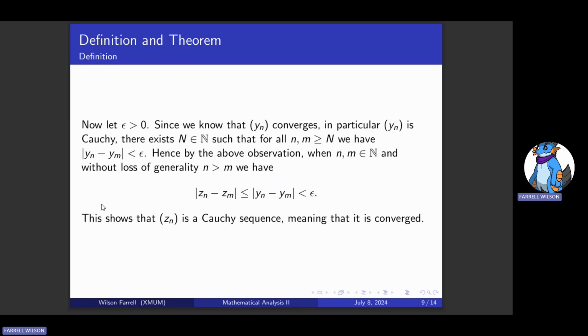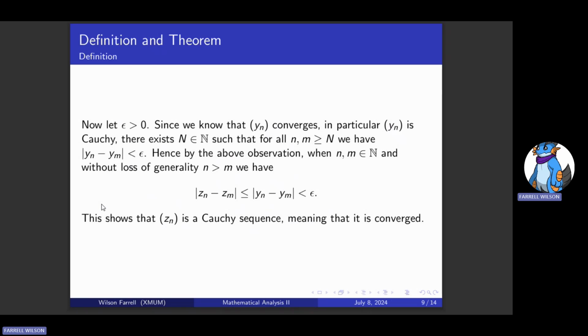Now we let epsilon be greater than 0, and since we know that the yn converges, that means that the yn is Cauchy, and there exists a capital N in N such that for all n, m greater than or equal to capital N, we have yn minus ym is less than epsilon.